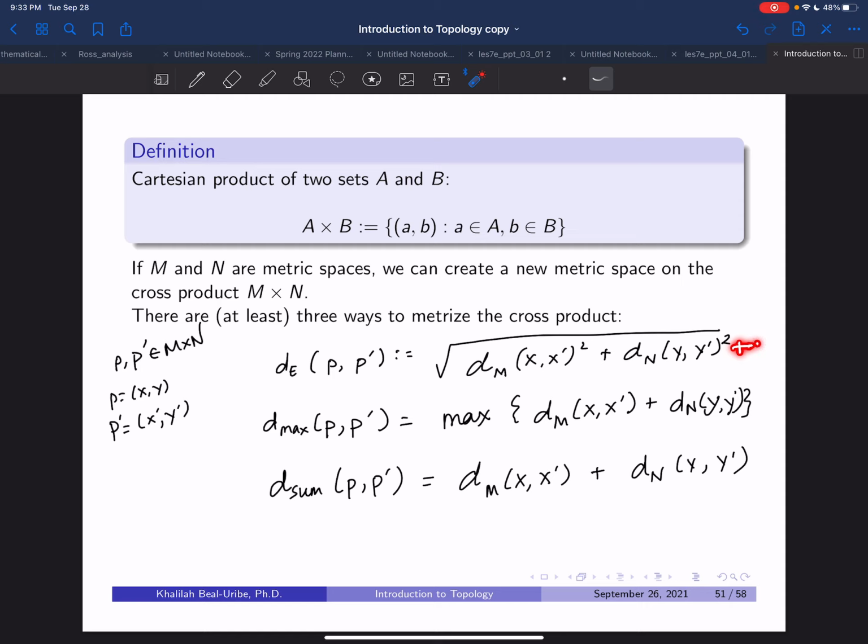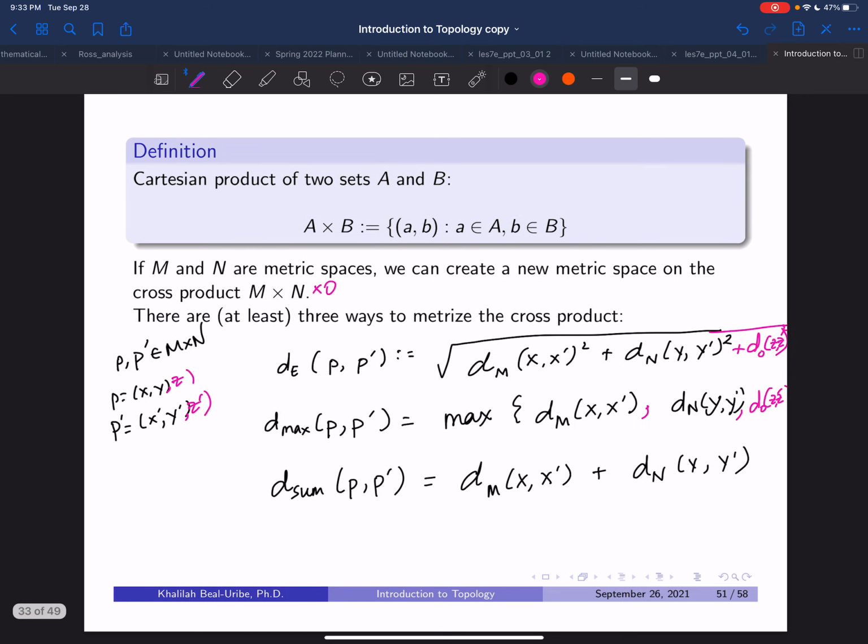So you can imagine, right? If we had, for instance, not just X and Y, but suppose we had X, Y, and Z, and X, Y prime, and Z prime, then we would just extend this, right? So it'd be M cross N and maybe cross O. And you kind of get the idea, right? So the max, not of d_M and d_N, but d_M, d_N, and we would add in there d_O, right?